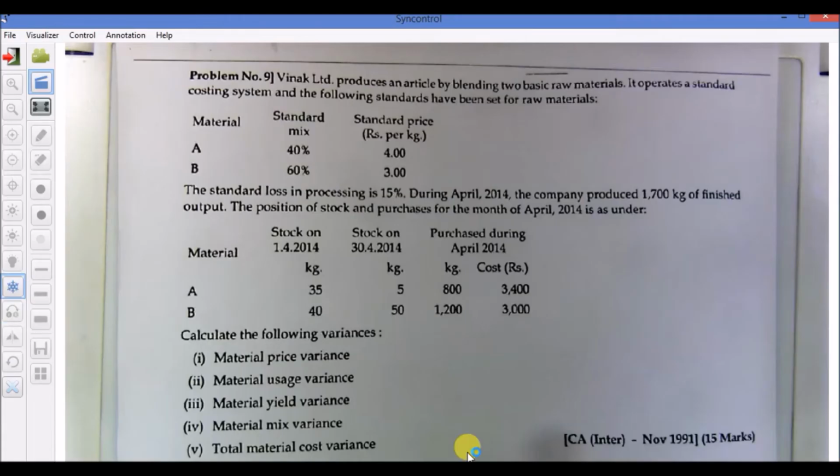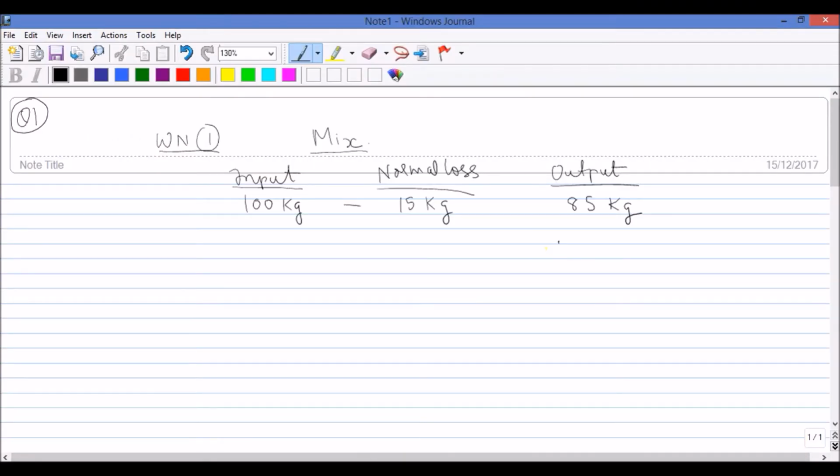Now I shall read the question further. The standard loss in processing is 15%. During April 14, the company produced 1700 kg of finished output. So 1700 kg of output is produced in actuals.